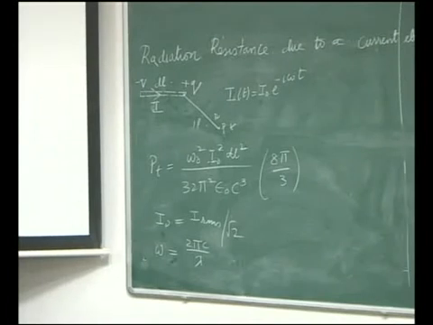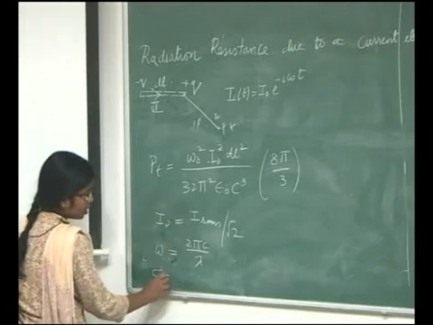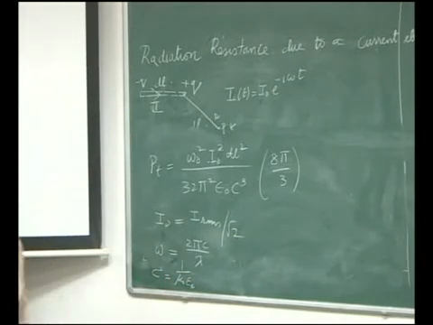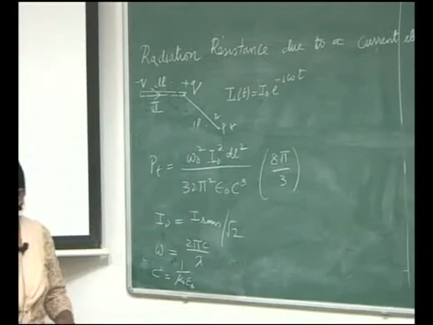Okay? And I can say that c square is equal to 1 upon mu naught epsilon naught. So, all known things we will substitute, we will do some modification so that this equation gets simplified.